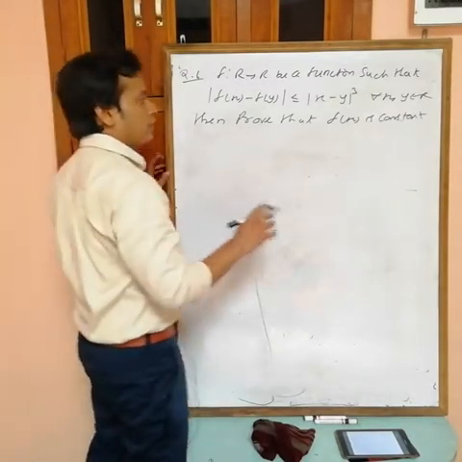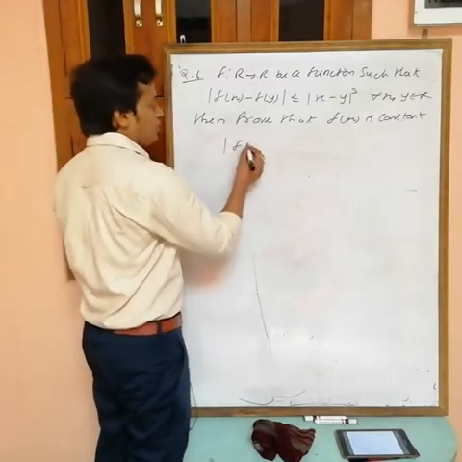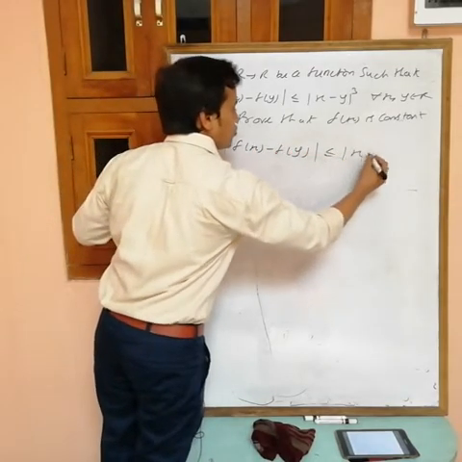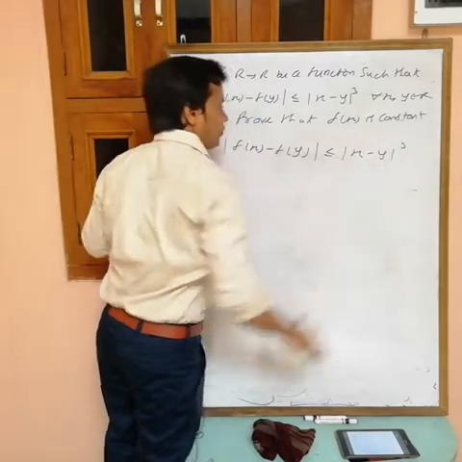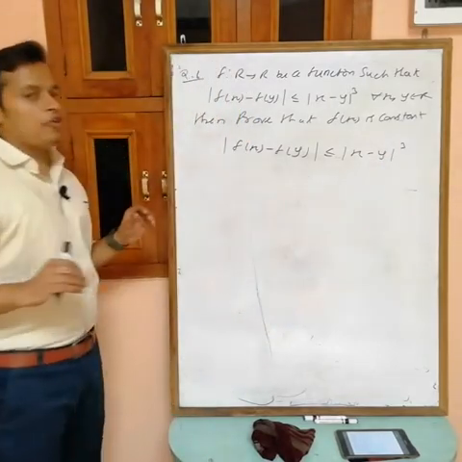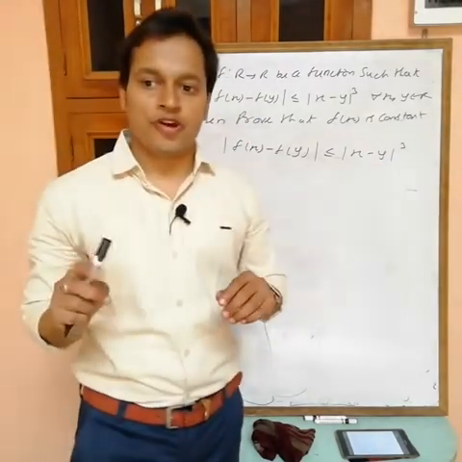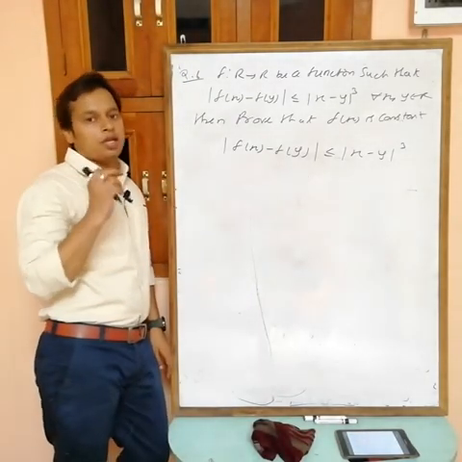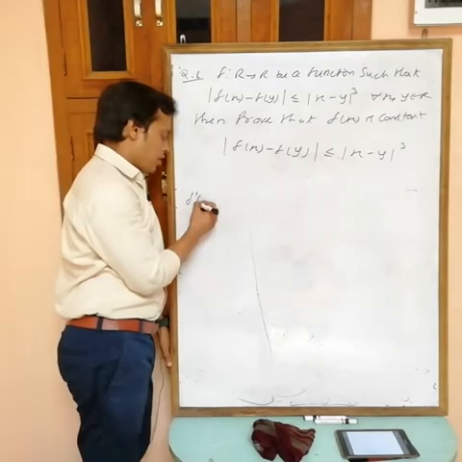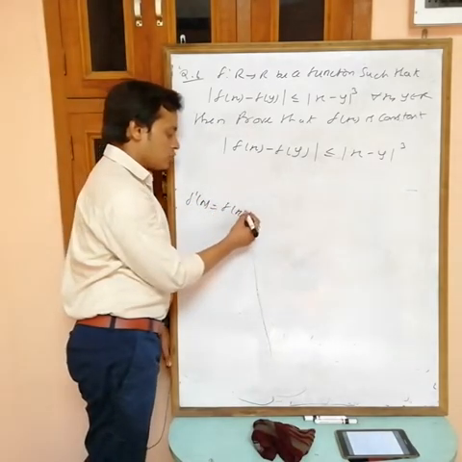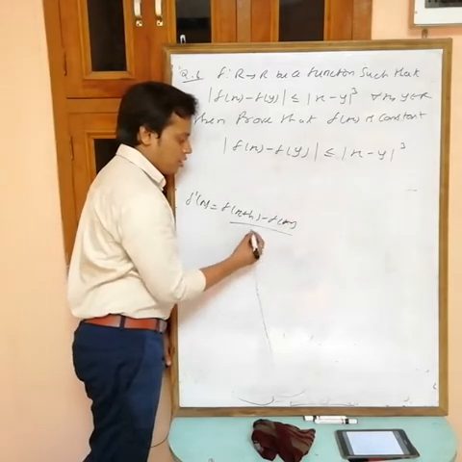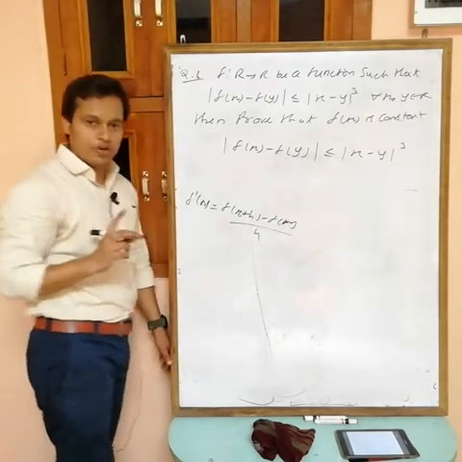See, how can I prove? f(x) minus f(y) is less than or equal to mod (x minus y) power 3. f(x) will be constant when f'(x) is equal to 0, and f'(x) is f(x + h) minus f(x) by h.